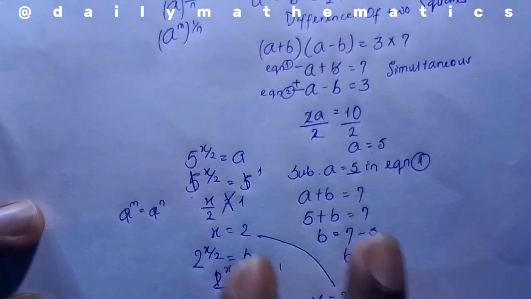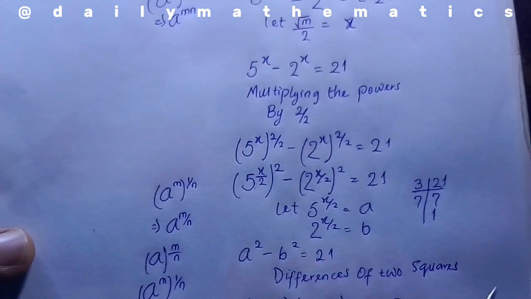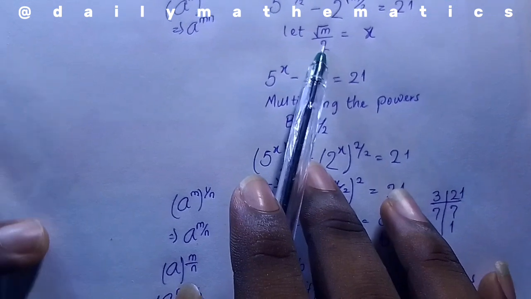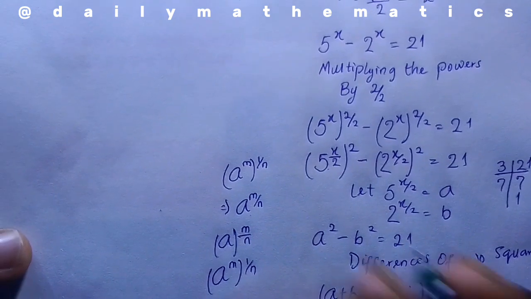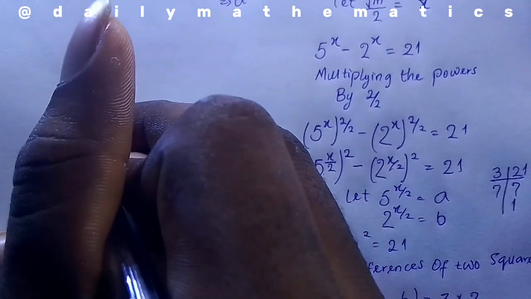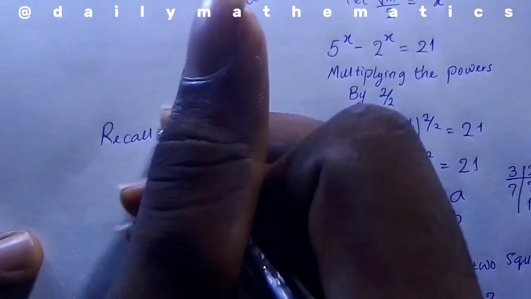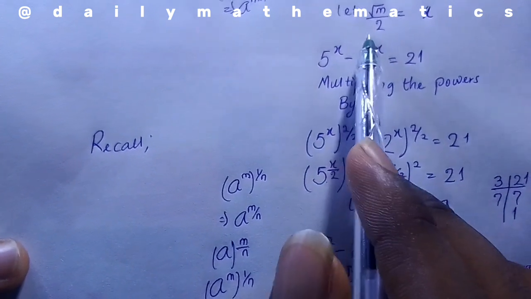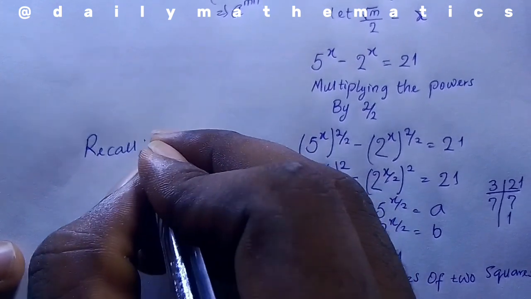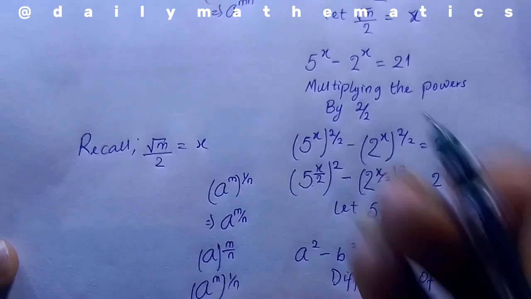So now let's recall again from here that root m over 2 equals x, right? Recall, root m, where is it? It's here. Root m over 2 equals x. That's what we said. And what's x?